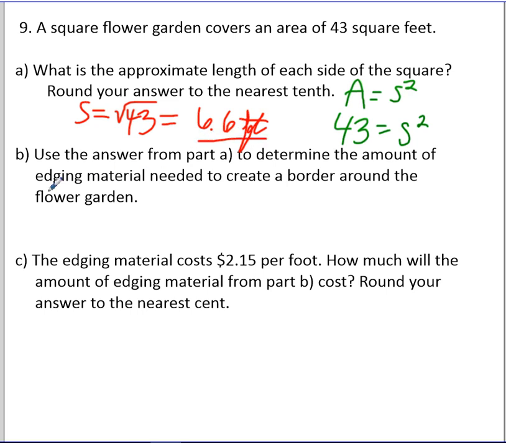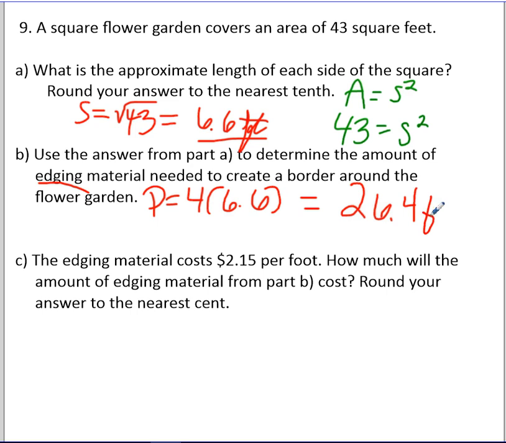Now we need to determine the amount of edging. Remember, edging is perimeter, distance around. So we have 4 sides that are all 6.6 feet long. So that gives us a perimeter of 26.4 feet, where it's not square feet, we're not back to area, it's just distance.